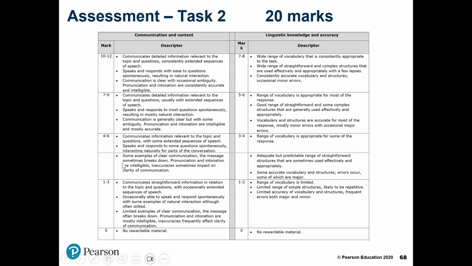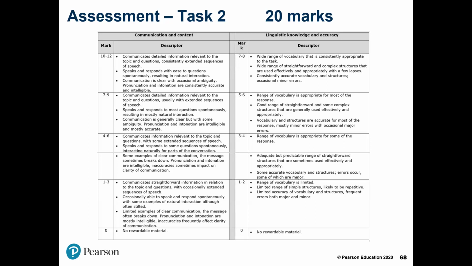Now, the marking then for assessment task 2, the candidates have 20 marks. As you'll see from that mark scheme, there are more marks for communication content than there are for linguistic knowledge and accuracy. So the emphasis really is on the communication.